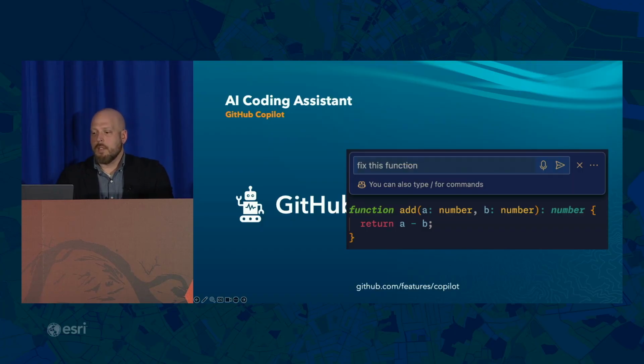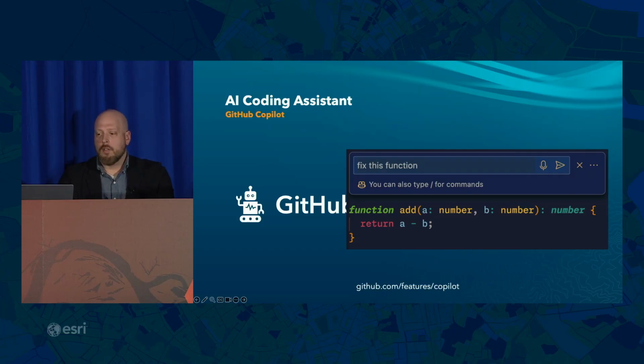So as you can see in this example here, we've created a function add to add two numbers, but we have an error in the code. We're instead subtracting. So when we run this, we get the unexpected output, but the output that we get, we're not sure why. Say it's a larger method and we haven't debugged it. So we're able to select all that code and ask Copilot, fix this function.